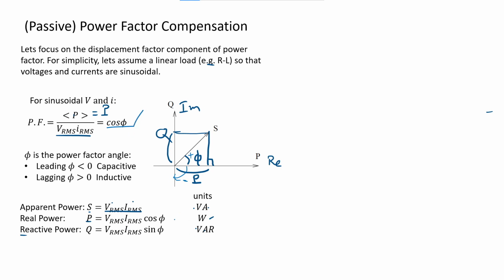And reactive power Q is equal to apparent power times sine of phi. This segment is Q and this segment is P. We interpret these two in a right triangle, so it is easy to analyze.